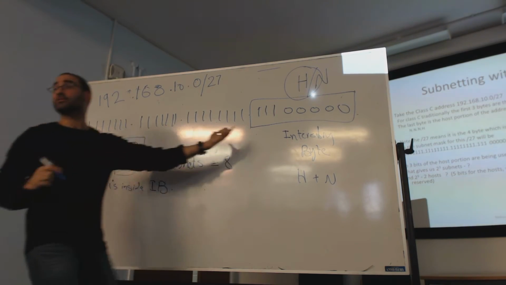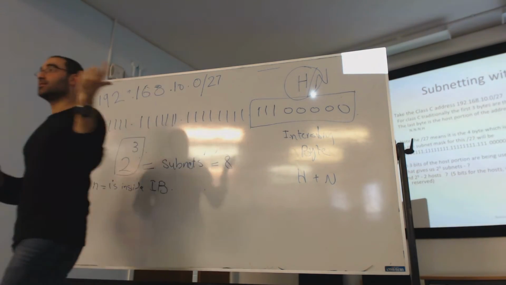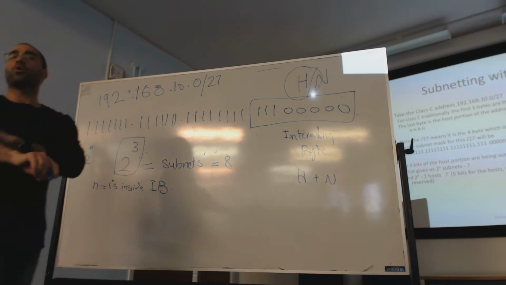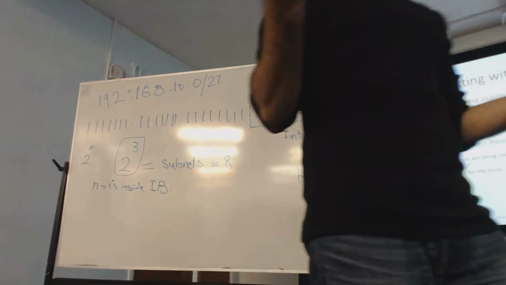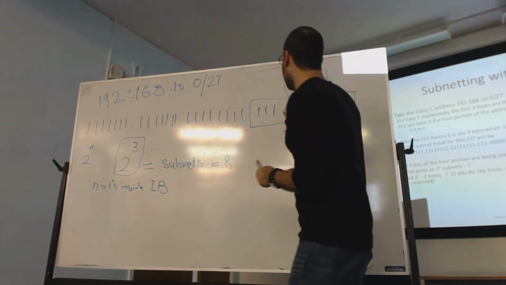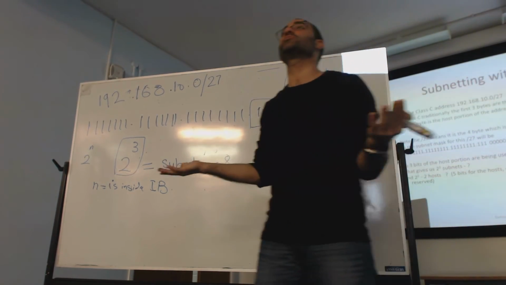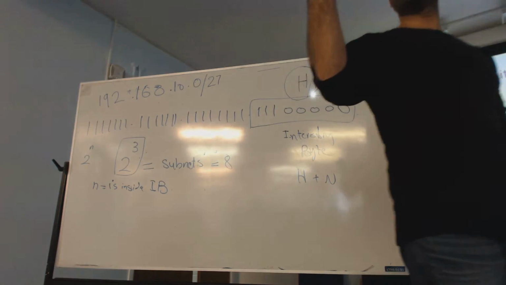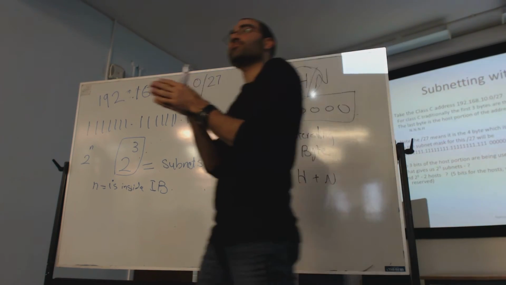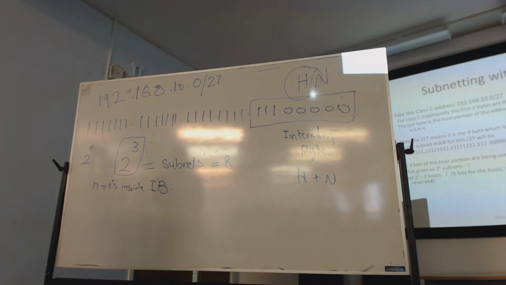I'm just focusing on this byte. So how many subnets do I have? I have 8 subnets, because 2 to the power of 3 is 8. If I have, for example, 4 ones, how many subnets do I have? 16, that's 2 to the power of 4. That's how you define your subnets.